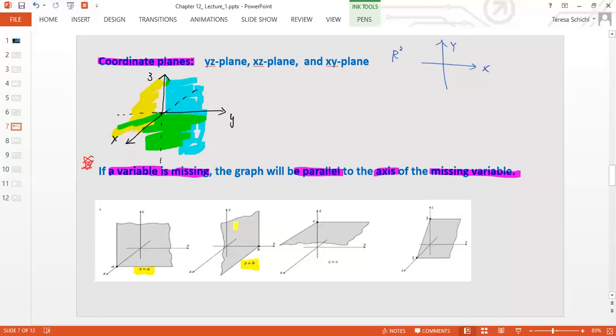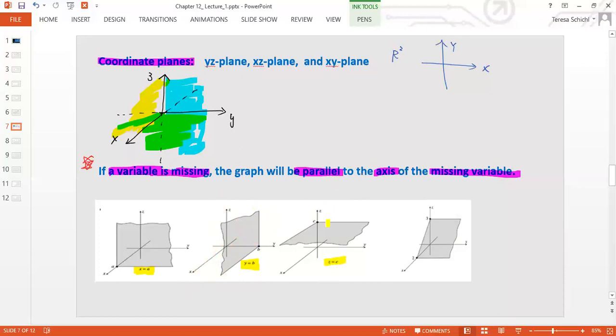So that's why this is a plane, right? This plane is going to be parallel to the x-axis and the z-axis. Basically, this plane is perpendicular, cutting through the xy plane, and goes through the y-axis. Then it's parallel to x and z.